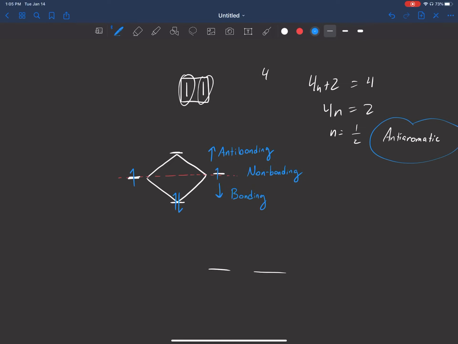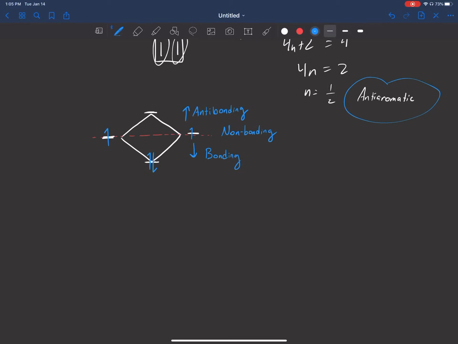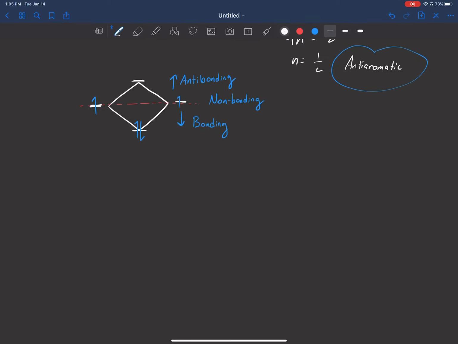Now, this example didn't really help us figure out where the 4n+2 rule came from. So we're going to go on to a 5-membered ring. So how do you draw the 5-membered ring? The dashed line that I'm going to draw is going to be right here.